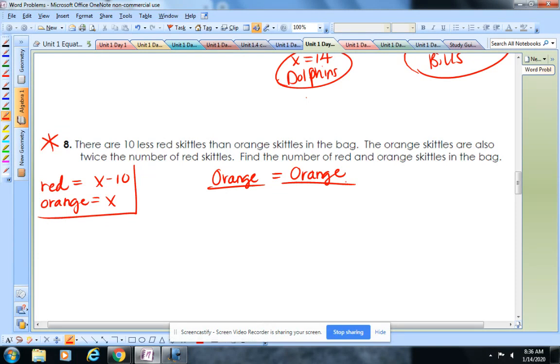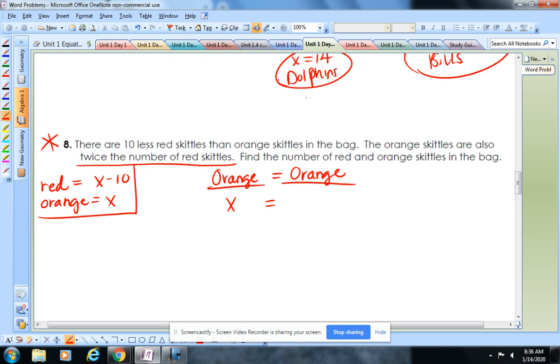Close. All right. The orange Skittles are also, so first we're saying orange equals what? X. And second of all, I'm saying orange are also twice the number of red. Well, what are we calling red? So what does twice X minus 10 mean? Not 2x minus 10.